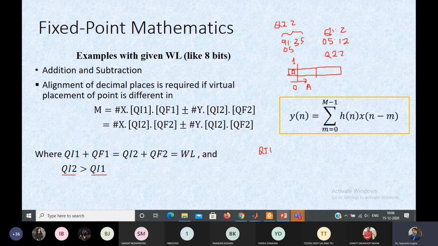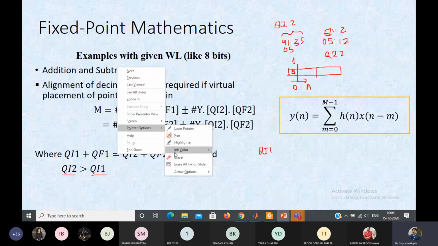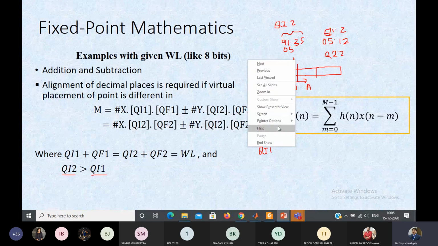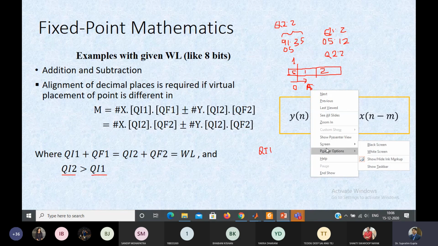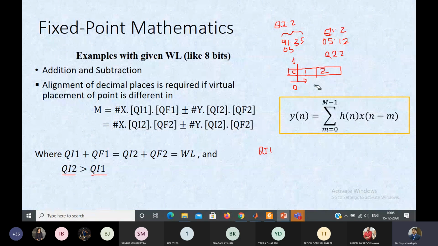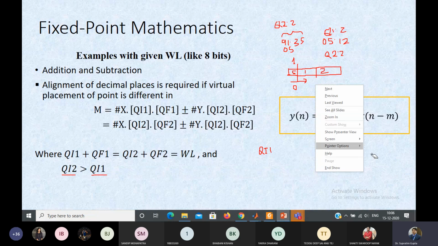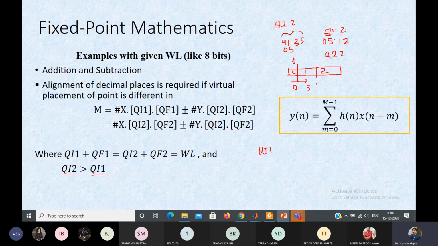So say this was 5.12, and so this 5 will come here. The point will be shifted here, and only 1 will be kept and 2 will be outside, so discarded. Okay, so that would be our requirement for addition and subtraction.